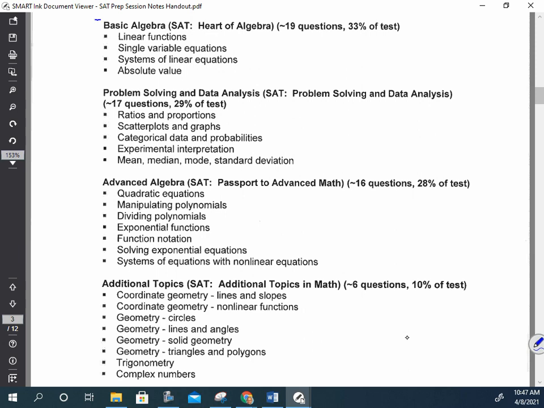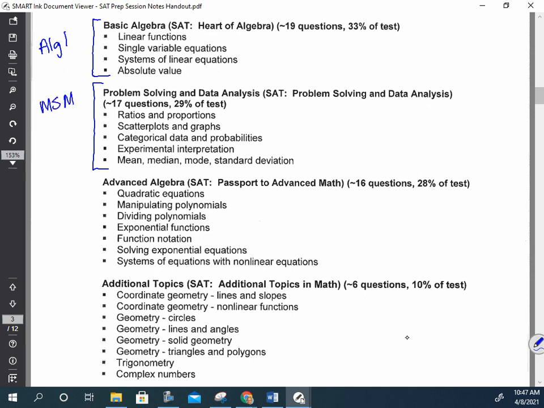Now, in terms of the information on the test, 1/3 of the test is roughly basic algebra. That's your Algebra 1. So whenever you took Algebra 1, 1/3 of the test comes from that. Problem solving and data analysis, that's your ratios, proportions, mean, median, mode, probability.